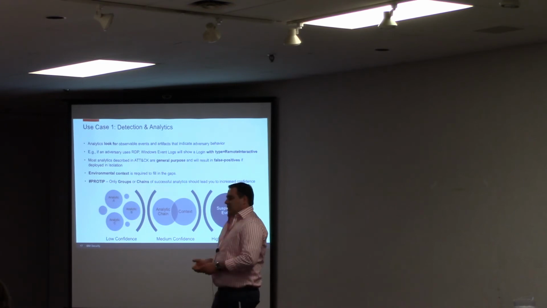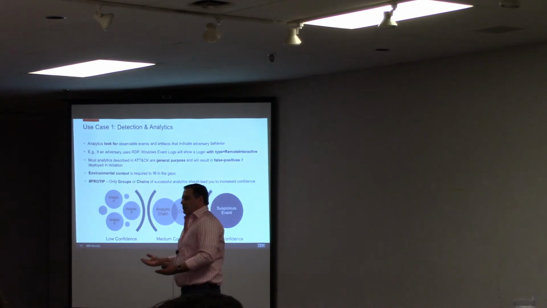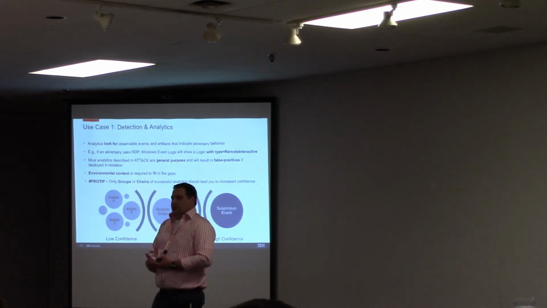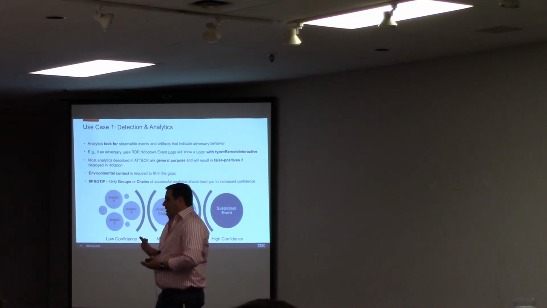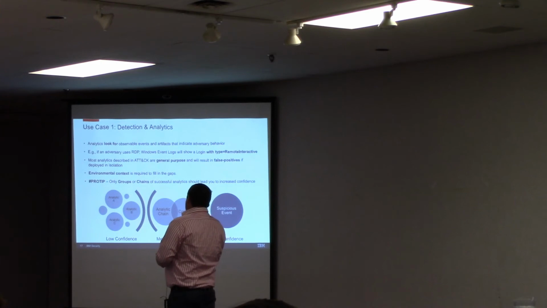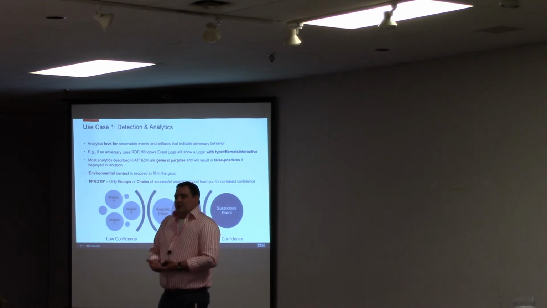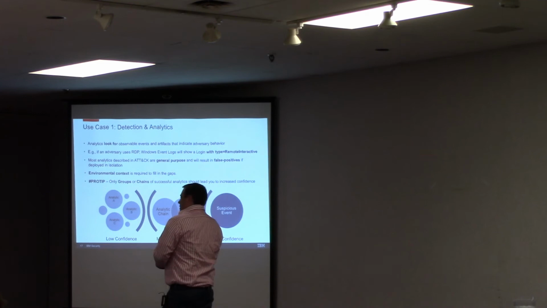It would be, say, you're looking for Windows logs that are login type of remote interactive. That's the type of log that Windows creates when someone opens an RDP session to a Windows box. If you create an analytic that looks for that, this is very basic. But that would be an example of an analytic looking for a technique, and that technique would be remote access.